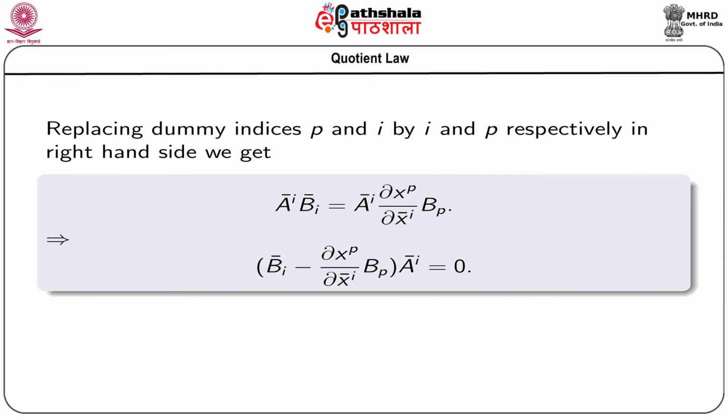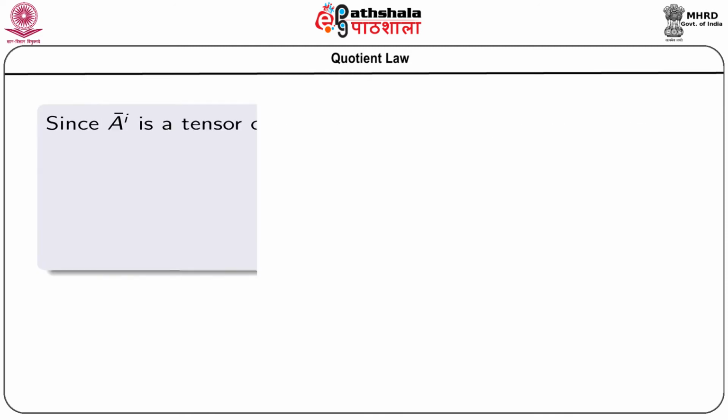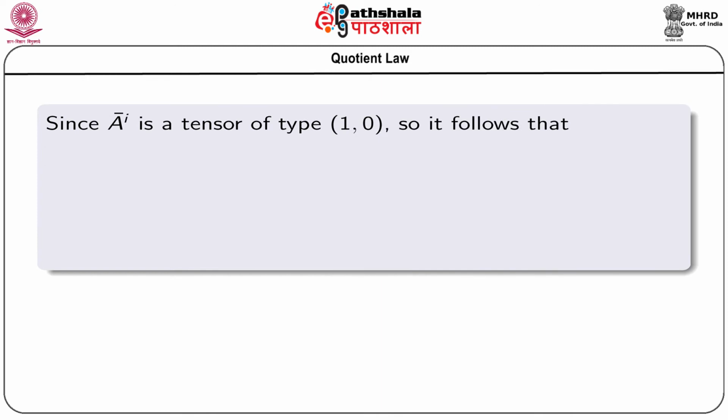So, we can write this expression in the following way: (B bar_i minus del x^p / del x bar^i B_p) A bar^i equals 0. Now, since A bar^i are the components of a tensor of type 1 0, it follows that B bar_i minus del x^p / del x bar^i B_p equals 0.